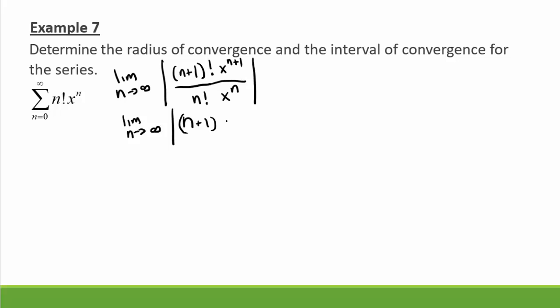So then I reduce x to the n plus 1, I get x. So as I go to infinity here, I have the absolute value of x times infinity. So if you ever get an example like this, that means it converges just at x equals 0, because that's the only time that I'm going to have a limit that is less than 1. So it only converges at x equals 0.